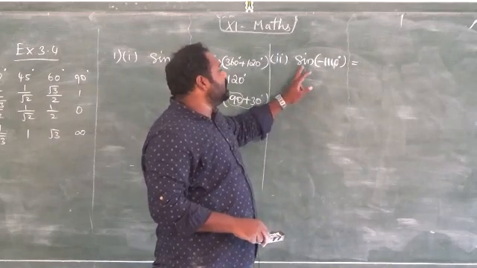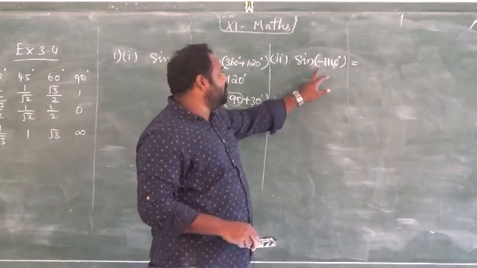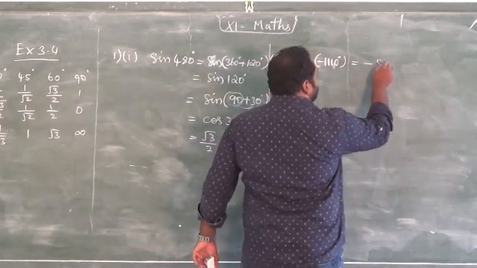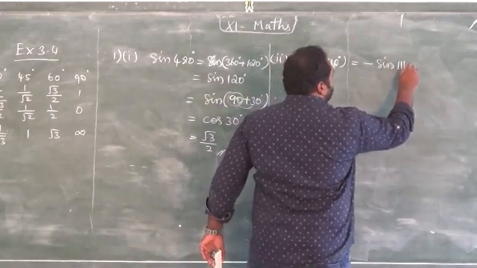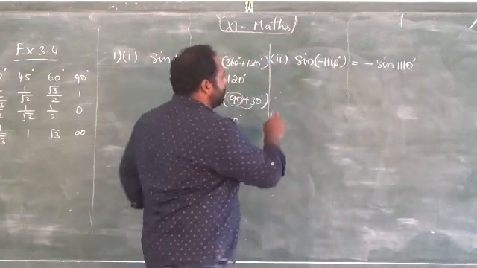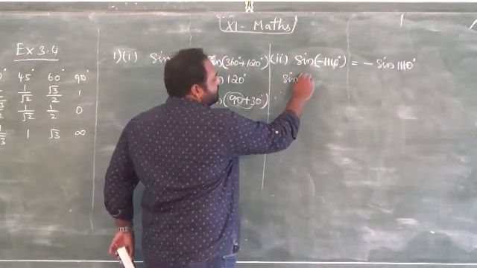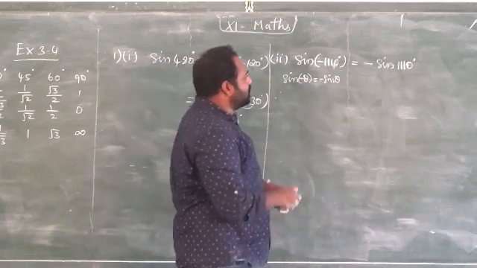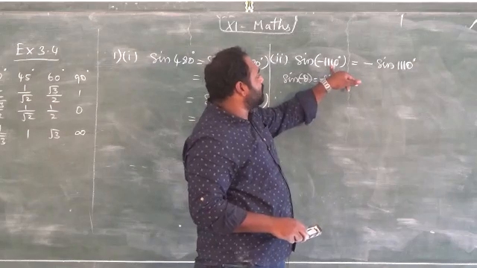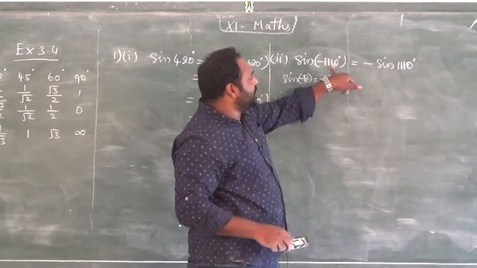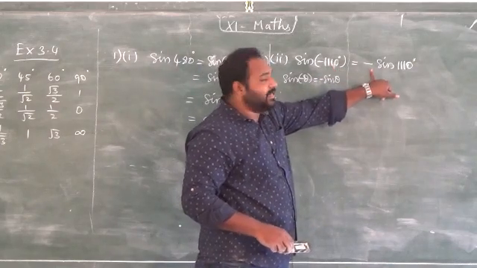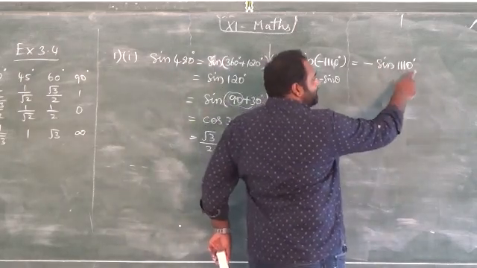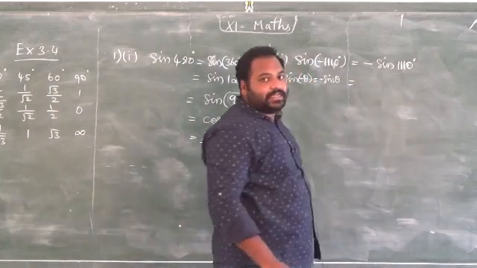So sine of negative theta, the whole function will be negative. Sine of minus theta is minus sine theta. So sine of minus 1110 degrees becomes minus sine of 1110 degrees. After that we can go for the quadrant.